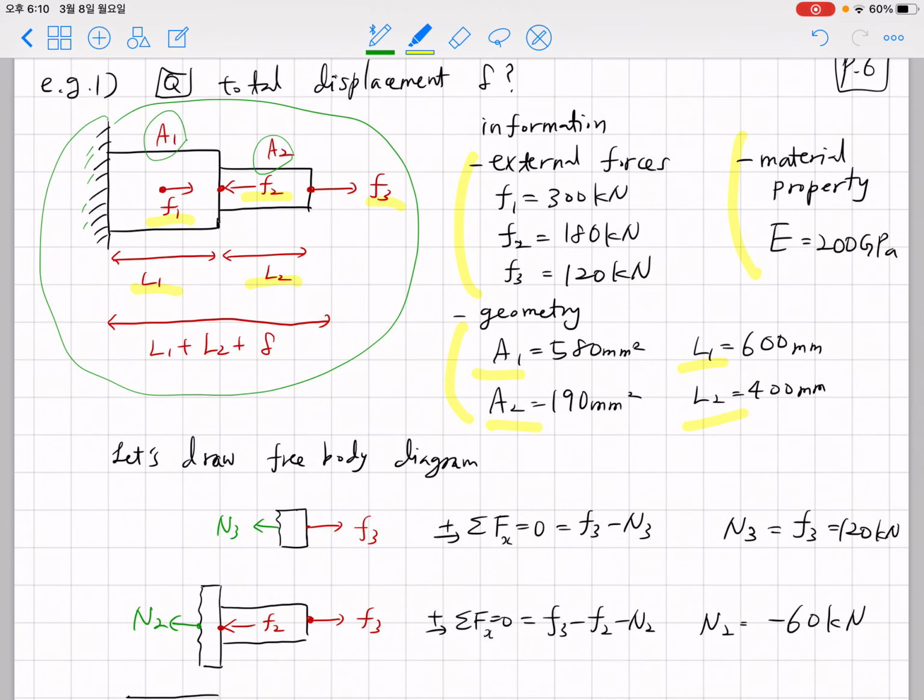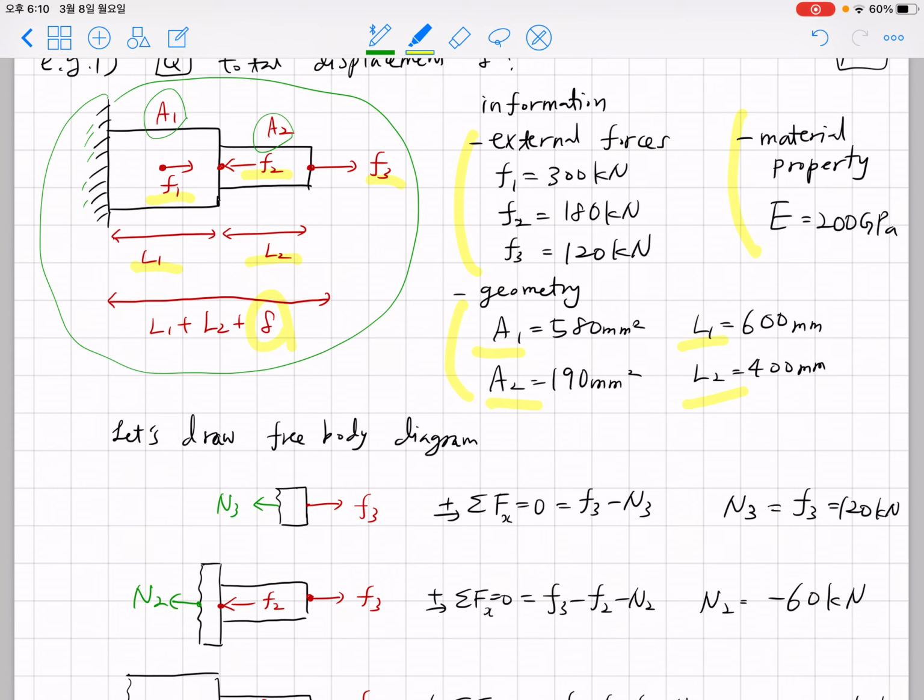To obtain this solution, of course, we use a divide and conquer strategy. You divide the structure into simpler and smaller structures, and given an imaginary cut and an imaginary subsection, you draw a free body diagram and try to predict the deformation within that specific region. So first you make an imaginary cut here.